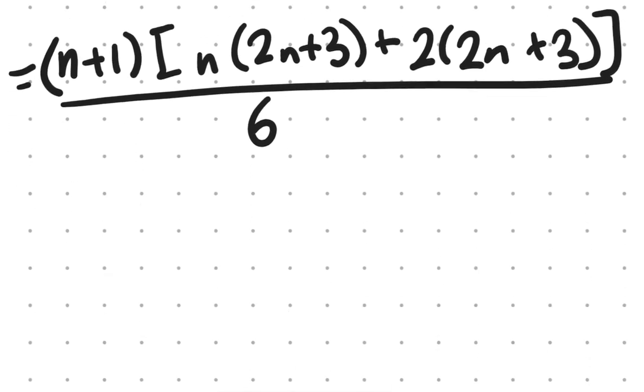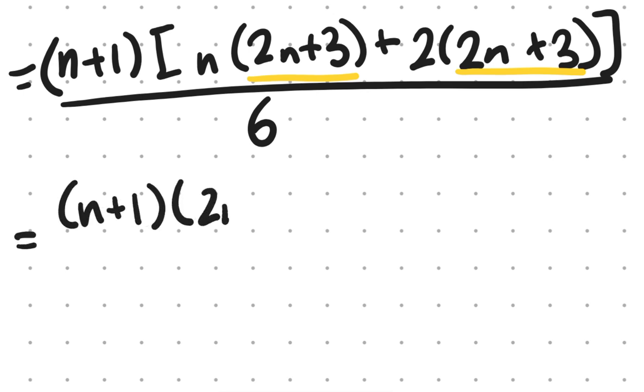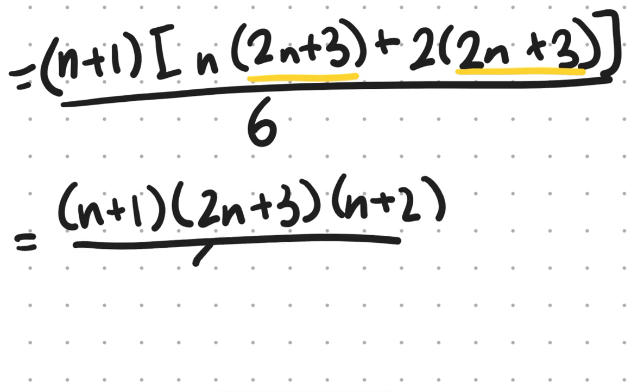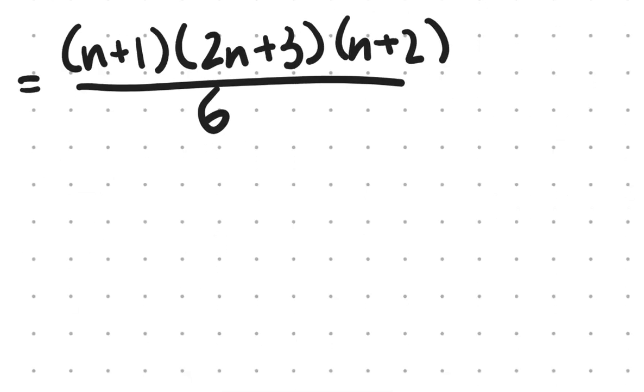And now we have n times something plus 2 times the same something, so we can plug that outside of the parentheses. So we have (n plus 1) times (2n plus 3) times (n plus 2) divided by 6, which is actually just the same as saying a times b is b times a.